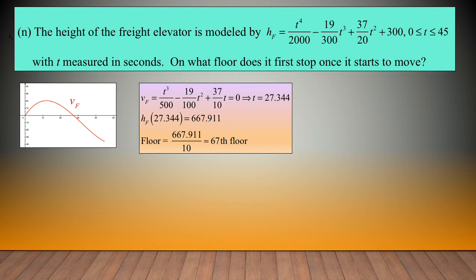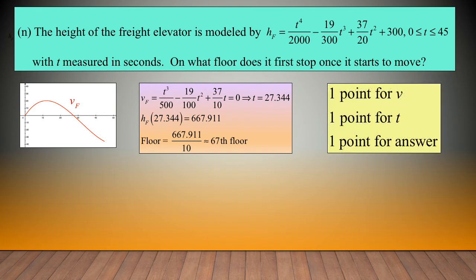We now plug our 27.344 back into our h formula and get 667.911. And that means that the floor is 667.911 divided by 10, and the elevator first stops on approximately the 67th floor. 3 points for this problem, 1 for determining v, 1 for determining the value of t, and then 1 point for the final answer.